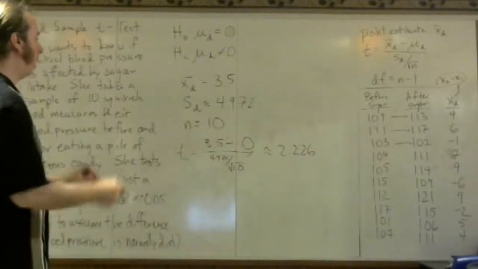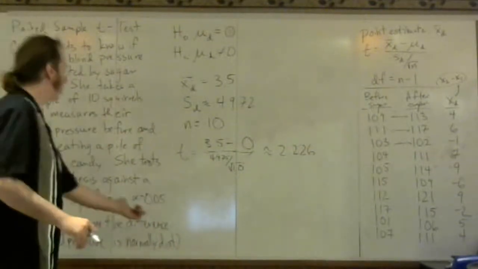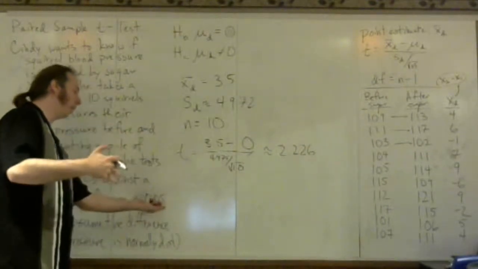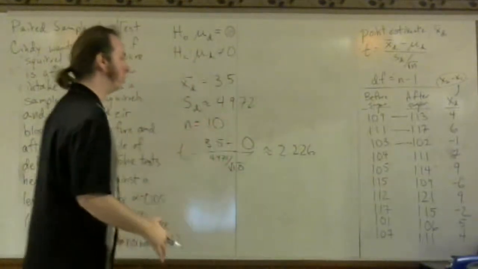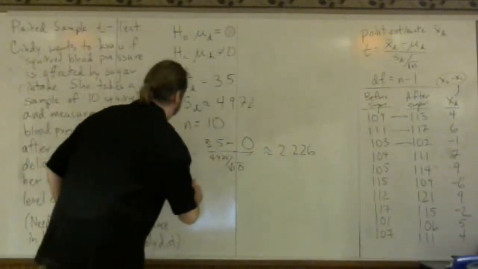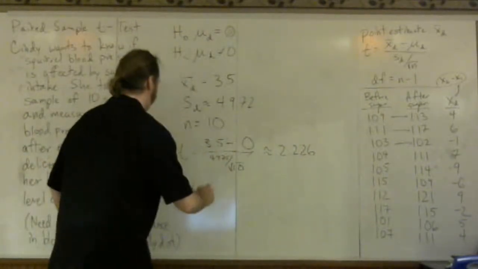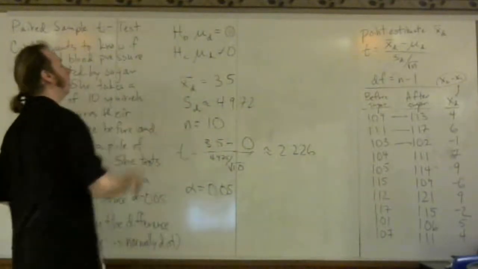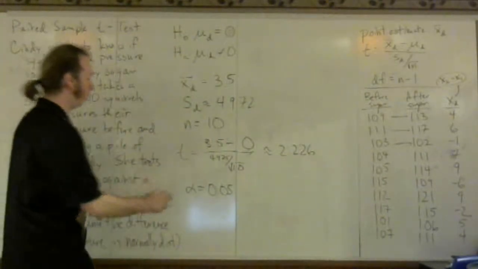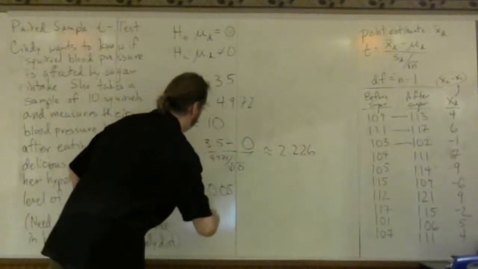I want to compare that to my alpha, and again I need to switch my alpha to a t-value, or switch this t-value to a probability. My alpha is at 5%. My degrees of freedom is the standard n-1 here.